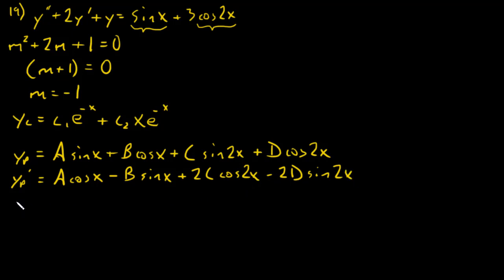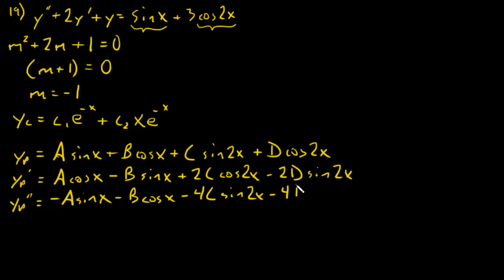Then y sub p double prime, we're going to get negative a sine x minus b cosine x minus 4c sine 2x, and then minus 4d cosine 2x. Whew. Now for the fun part, because we have to build this DE using these.